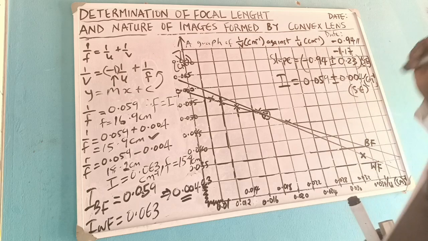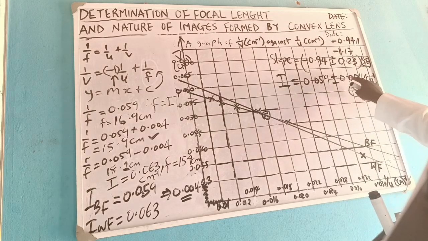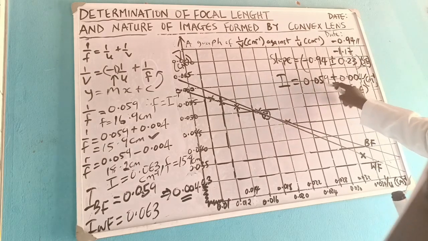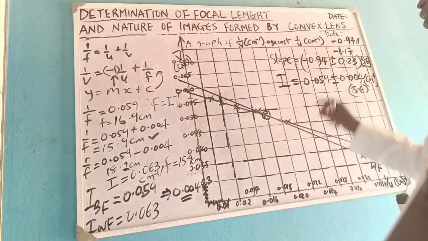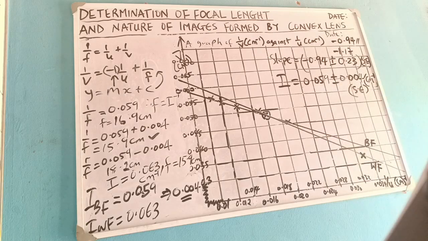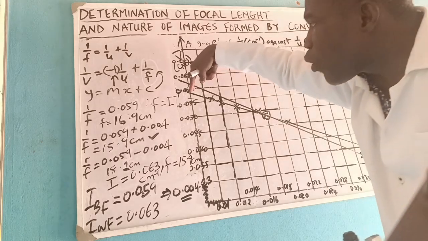Another value for our intercept is this plus or minus this, or this plus this minus this, or only this. Either only this, or this plus this, or this minus this. Or even the first one we wrote, 0.058 plus or minus 0.005. 0.058 minus 0.005. 0.058 plus 0.005. That first one we wrote, and this one, they are just depending on what you got here.